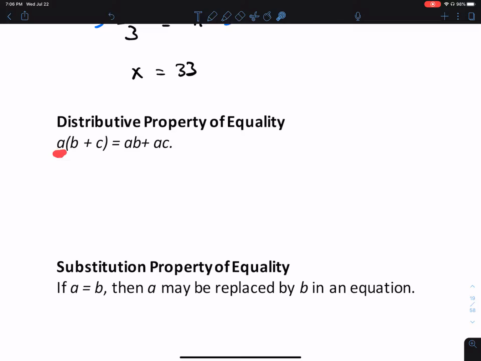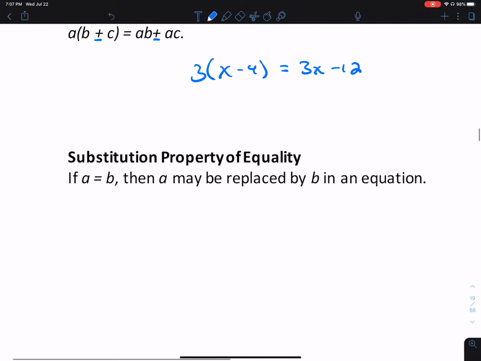If you're multiplying a number times a sum or a difference, this could be a plus or minus here, then that's the same as saying the number that you're multiplying by each of the terms in the parentheses. So if you had 3 times (x minus 4), that's going to be equivalent to 3x minus 12. You know the distributive property.